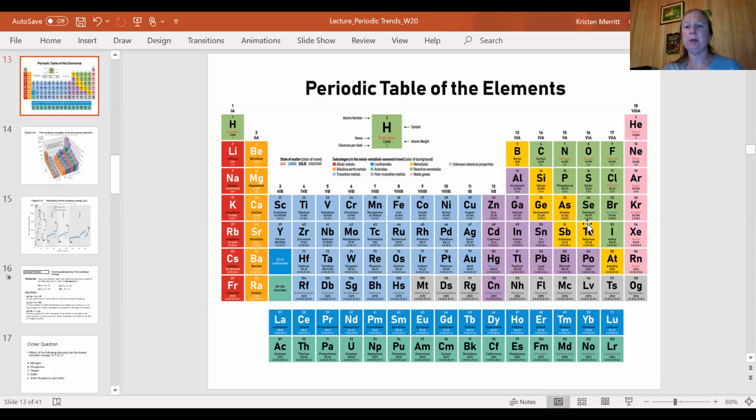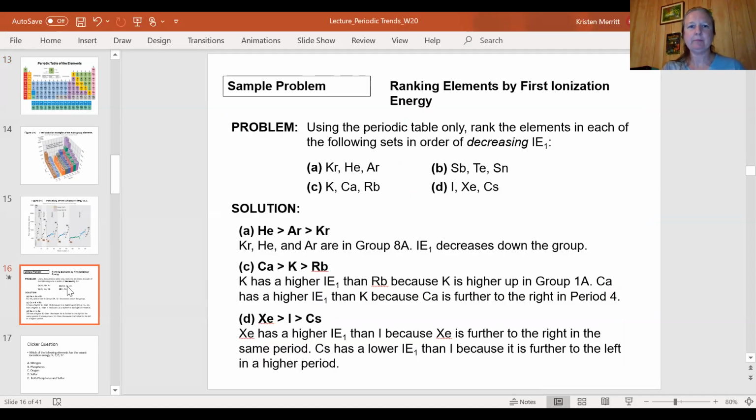It wouldn't really apply here because at this point we have the d orbitals involved as well. So just keeping with the strict trend of going to the right, tin should be lower than antimony, than tellurium. And that one's not even listed here. But anyways, the ionization energy increases as you go to the right.